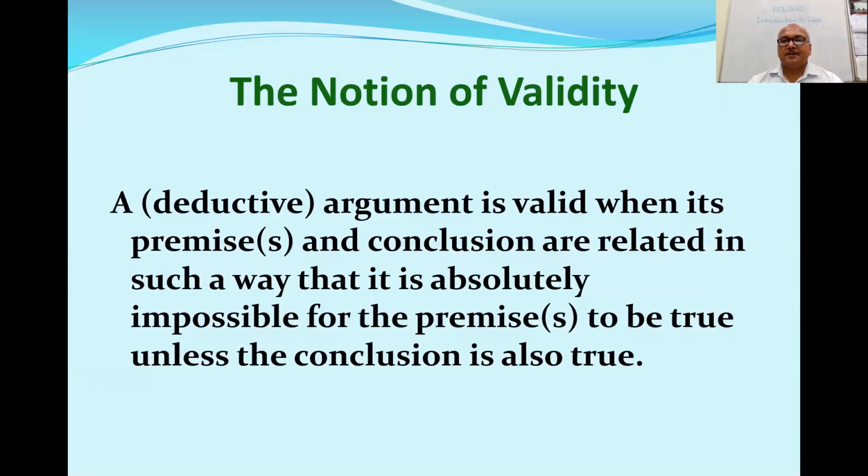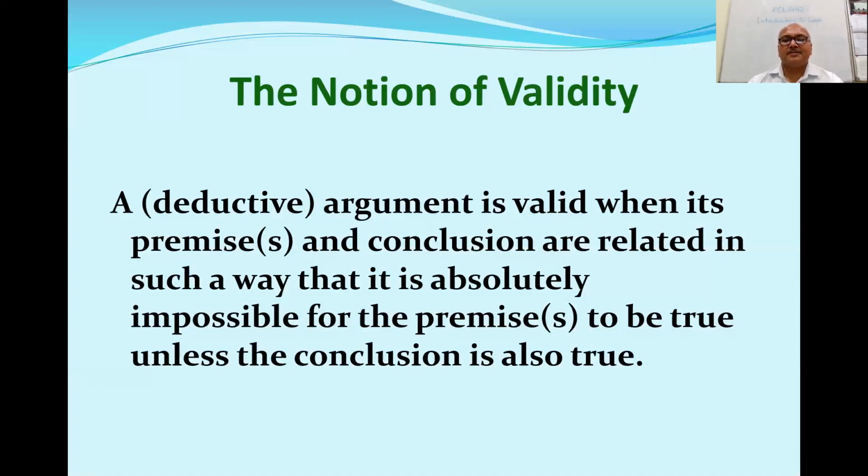So for that, we symbolize statements. We adopt symbols to represent statements, and we symbolize the whole of an argument by using a unique symbol for each statement. And this way, we rewrite the symbolic form of an argument and then apply methods and rules to see whether it is valid or invalid.